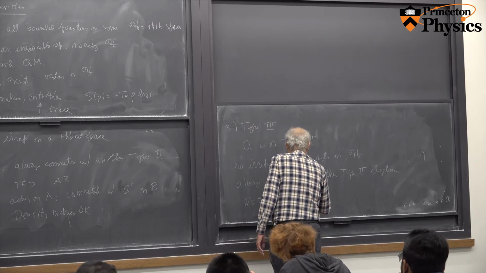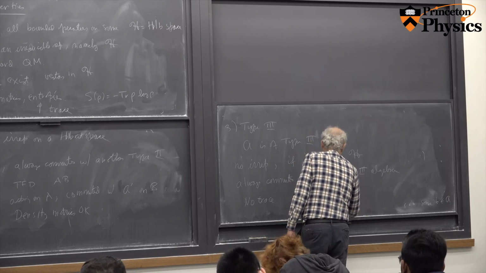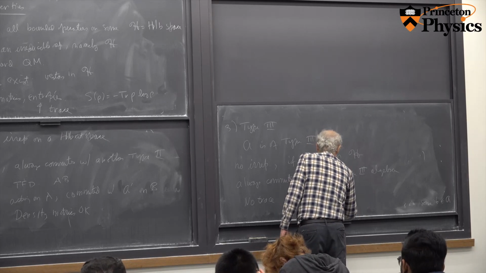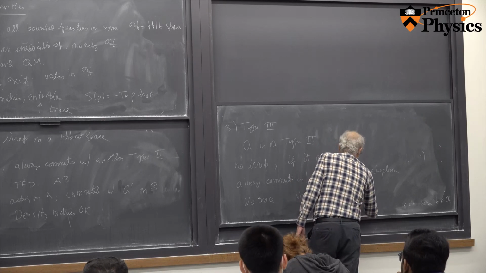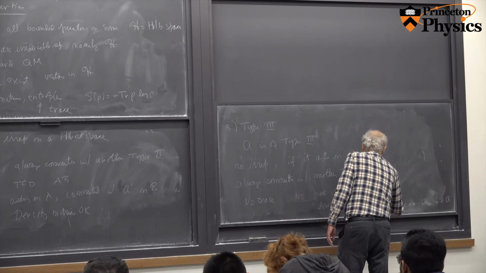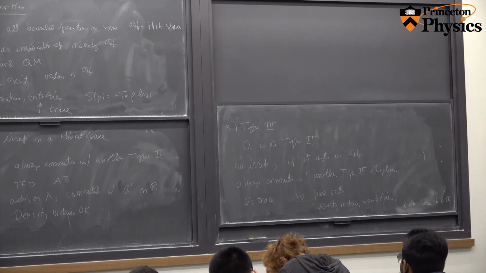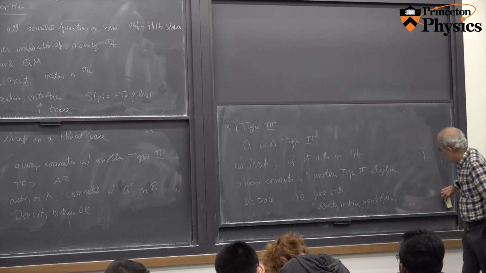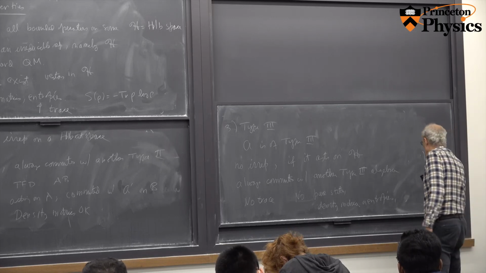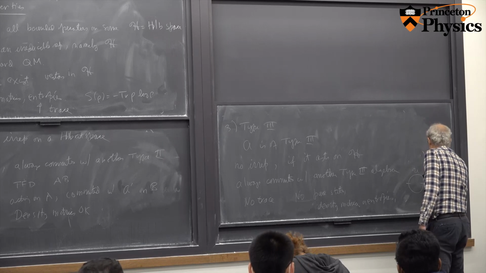So there are no pure states, density matrices, or entropies. And this is the situation in quantum field theory when we consider two regions.